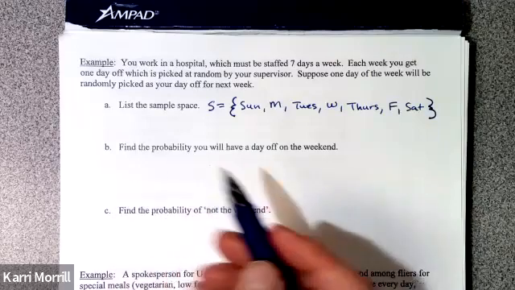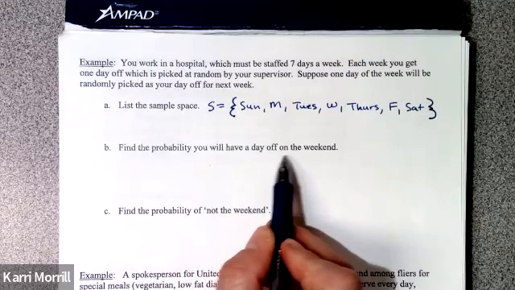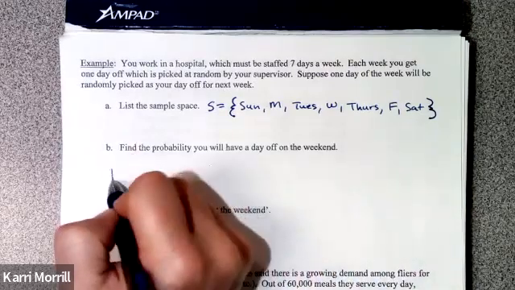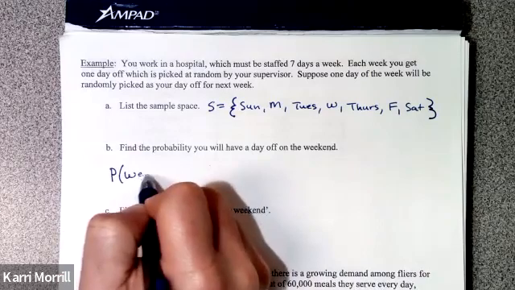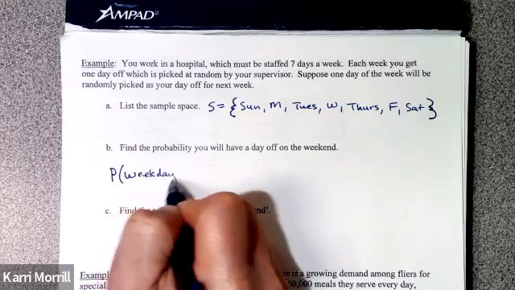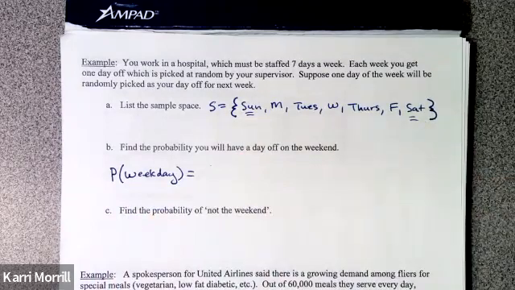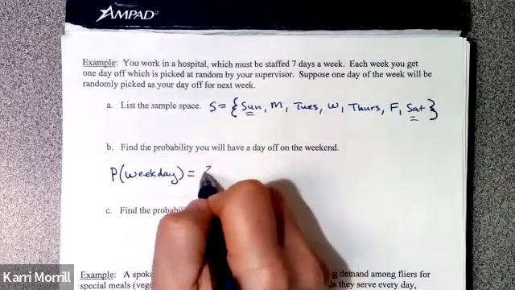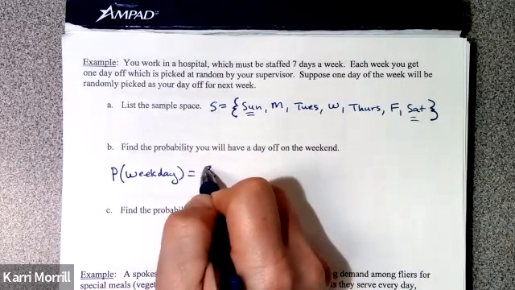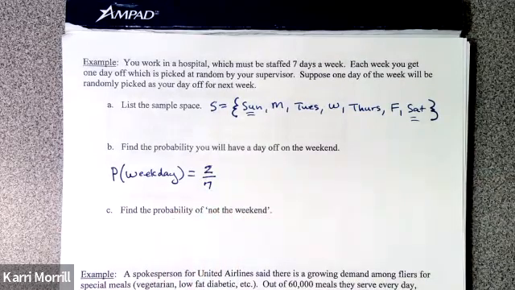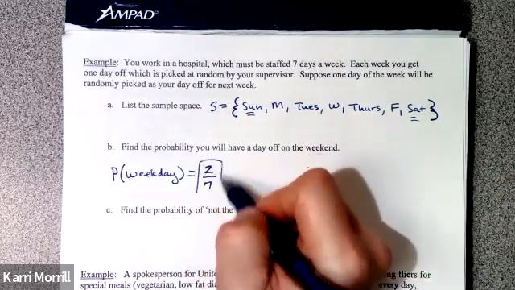It says, find the probability you will have a day off on the weekend. So the probability of a weekend day is how you could write this. And I know that there are 2 days in the weekend, or what most people consider a weekend. Could be different depending on you.